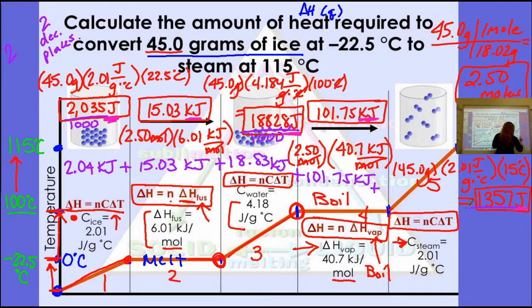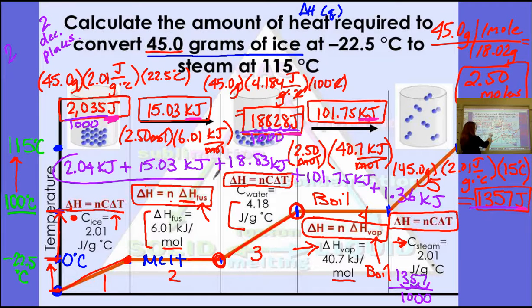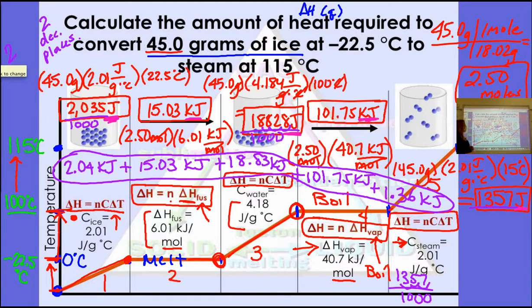Plus, divide 1,357 by 1,000, move it 3 places, 1.36 kilojoules.